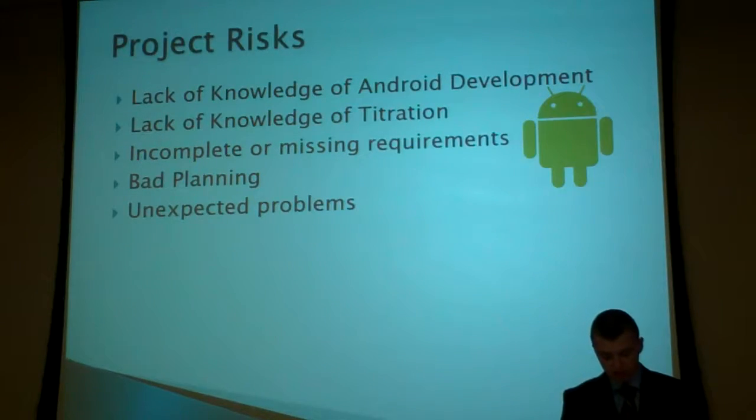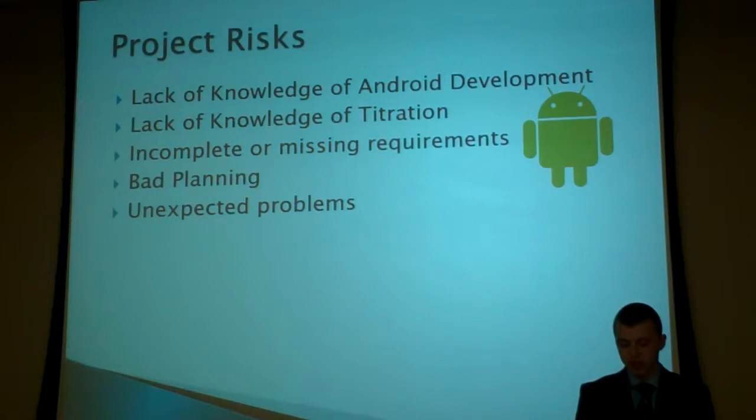Every project has to deal with incomplete or missing requirements, bad planning, and unexpected problems. With incomplete, missing requirements, and bad planning, we actually held group and client meetings every week to make sure we were staying up to date on everything. And we wanted to make sure we were getting everything done on time.